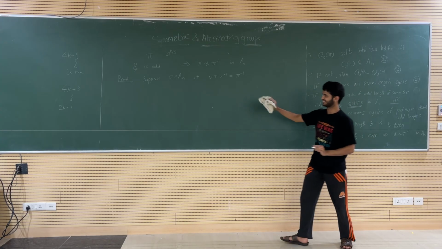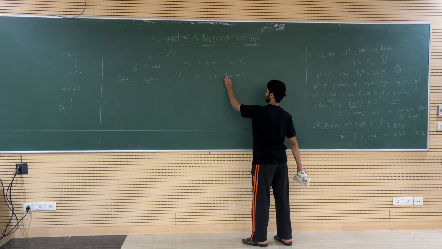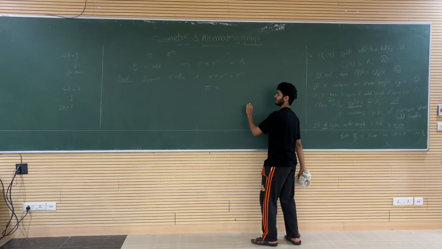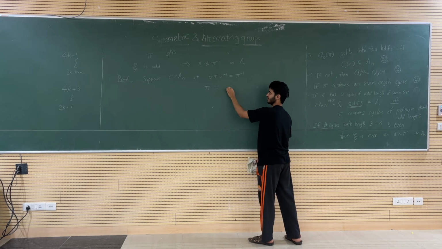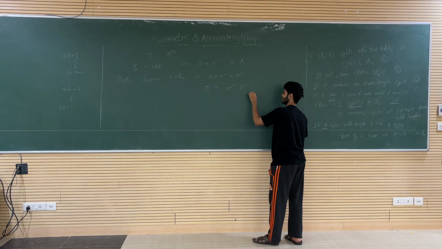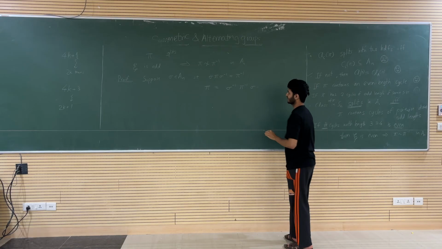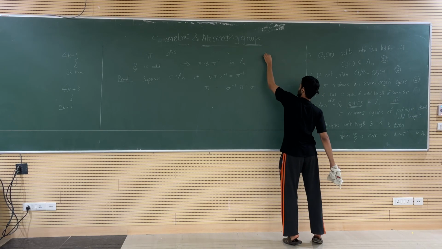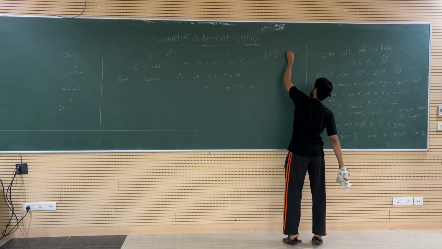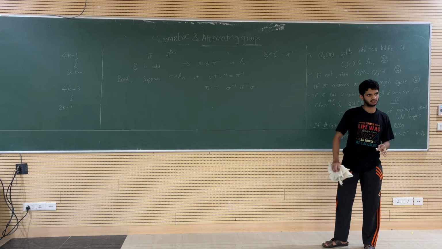Okay, now this is nice. I multiply by sigma inverse. Pi is equal to, okay, you guys tell. If I multiply, what do I get? Sigma inverse, pi inverse, sigma. And I cooked my xi in such a way that xi pi xi inverse is equal to pi inverse. This is by construction.